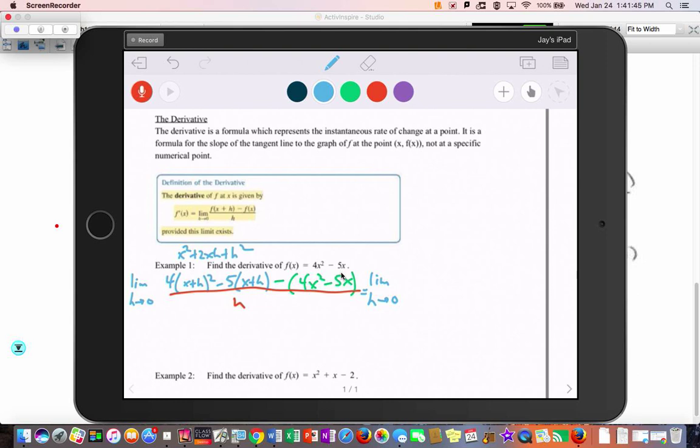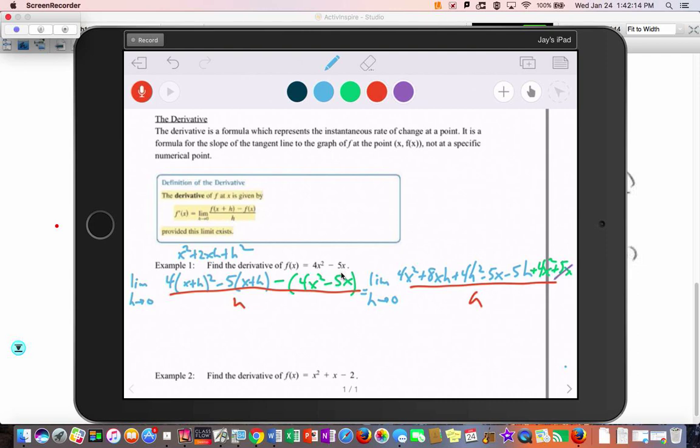So if I multiply all those by 4, I get 4x squared plus 8xh plus 4h squared minus 5x minus 5h plus 4x squared plus 5x, all over h.